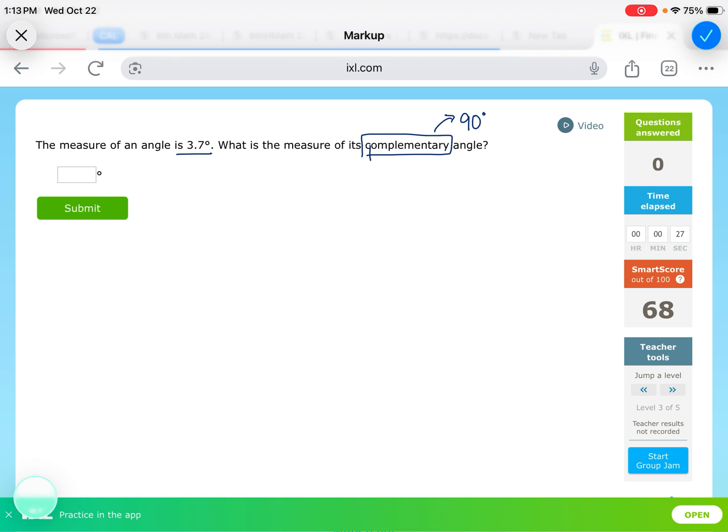Right means 90. I need you to write it as part plus part equals a whole. So one angle is 3.7, and I don't know what its complement is, but I know altogether they should add up to 90. Okay? What is the measure of its complementary? Means they have to add up to 90.